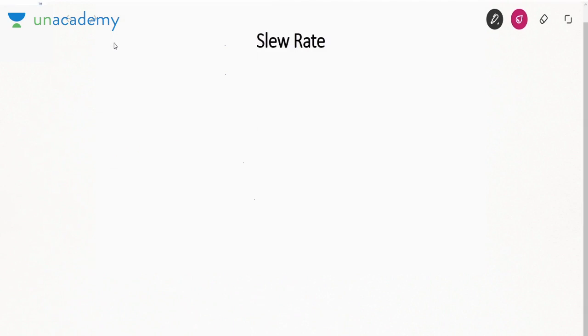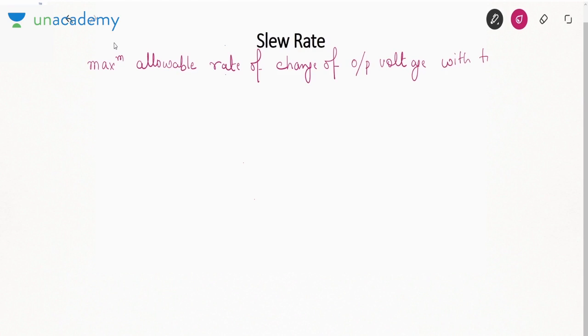The next term that we are defining is the slew rate. Slew rate represents the maximum allowable rate of change of output voltage with time. Now why is this happening?